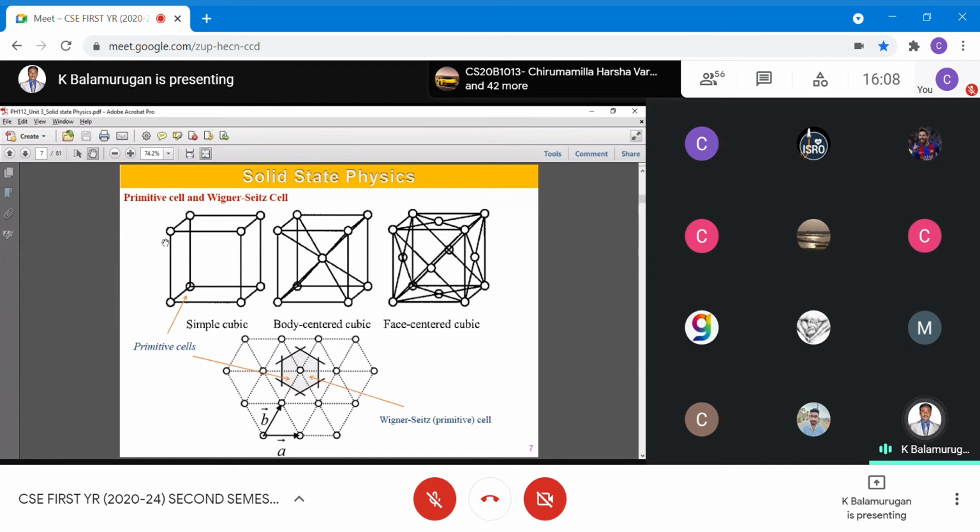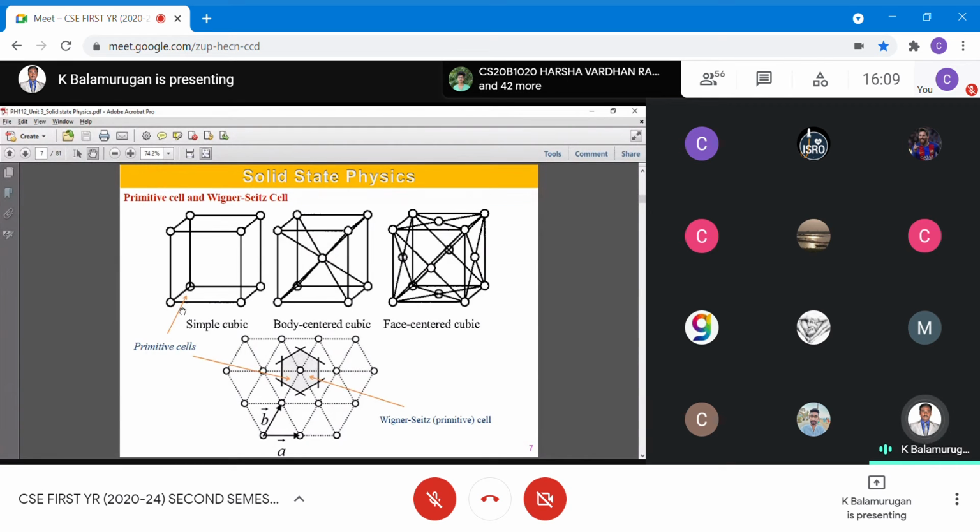primitive cell. For example, this is called a simple cubic unit cell. You have at each corner one lattice point. You can imagine a sphere at each corner of this cube. Imagine any corner, maybe the bottommost corner, we have one sphere.